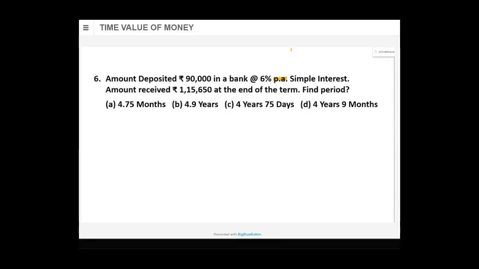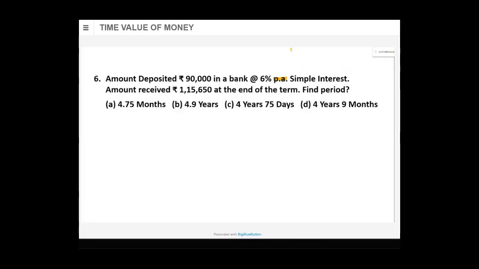The rate of interest is in annum, the answer will be in annum. Still, the majority of you are giving me the wrong answer. You are saying 4 years and 75 days. No, wrong. 0.75 years.